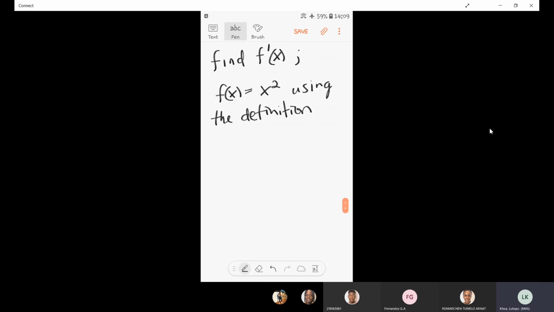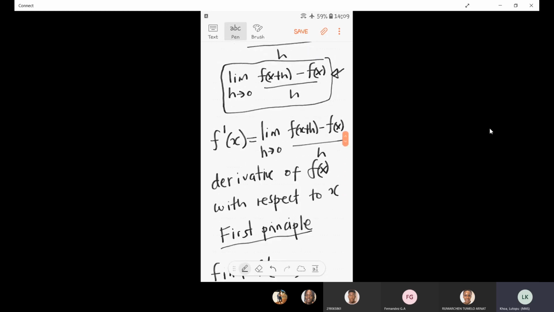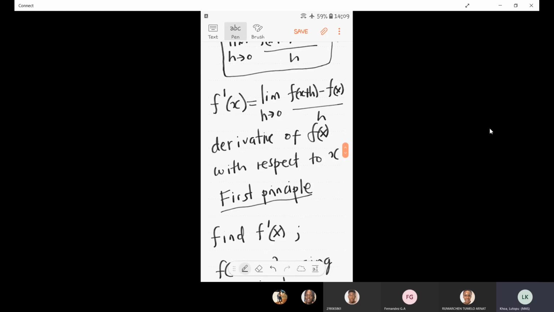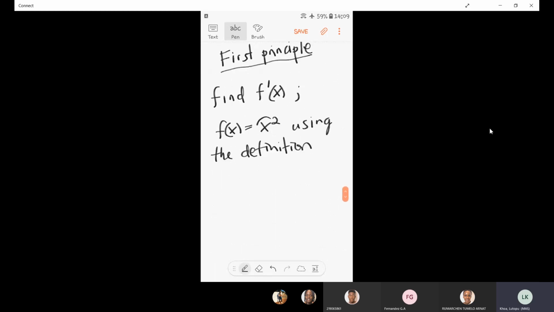The definition is this one that I've circled over there: the limit as h goes to 0 of f of x plus h minus f of x, over h. So what you do is substitute x plus h, then subtract what you get when you substitute x, divide by h, and work out that limit.